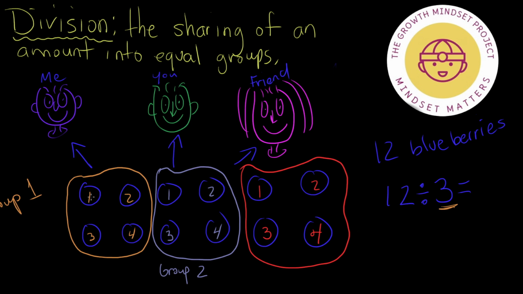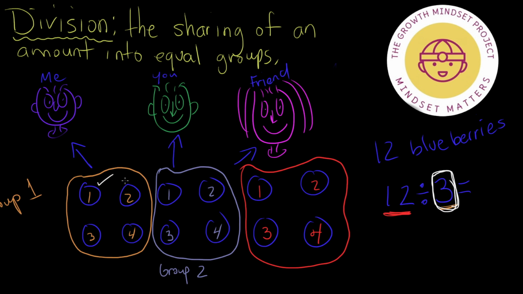So here's our 12 total blueberries. We have divided that into three groups. And so we ask ourselves, how many blueberries are in each group? Let's just double check.